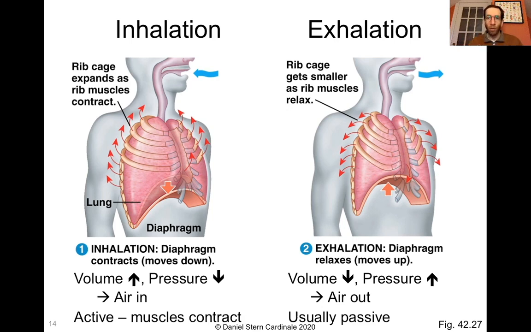That increases the pressure, and in particular, increases it relative to the atmosphere. So now air moves from the high pressure lungs outwards into the low pressure atmosphere. We consider this part of the process passive because it does not involve the expenditure of ATP. You're not contracting muscles in order to exhale, you are relaxing them.